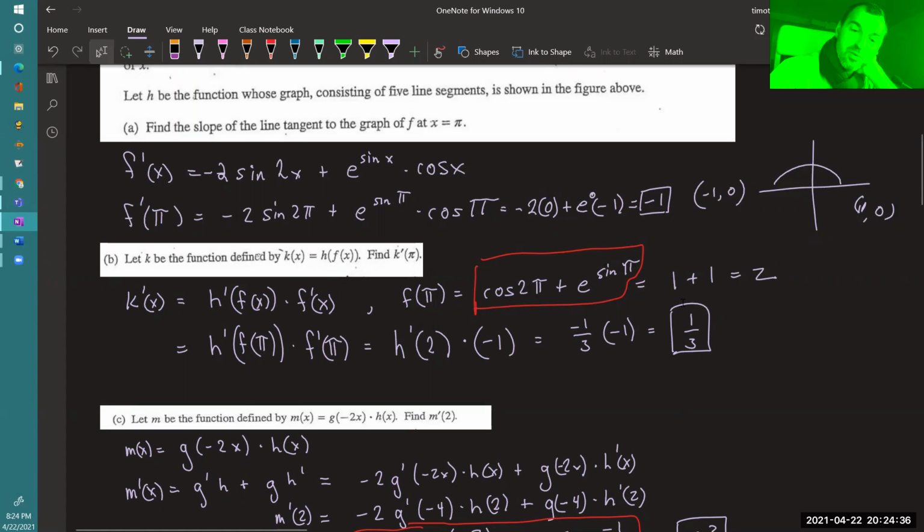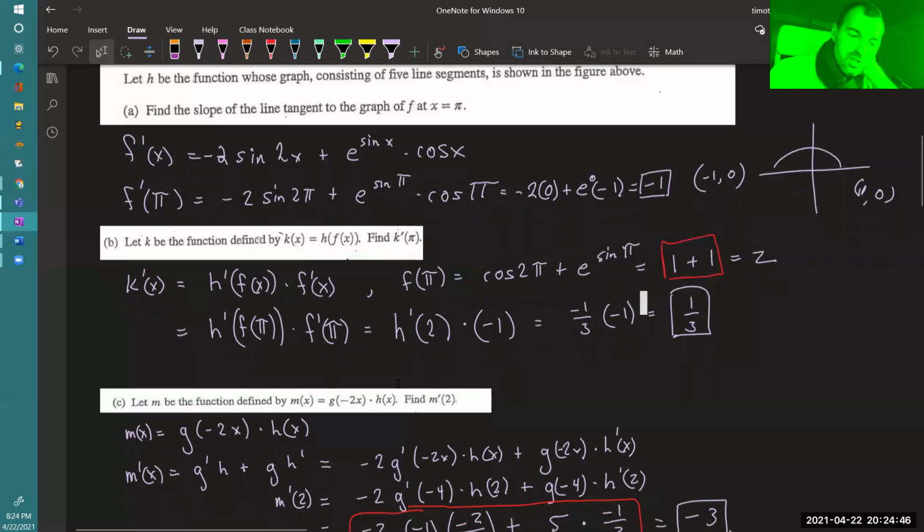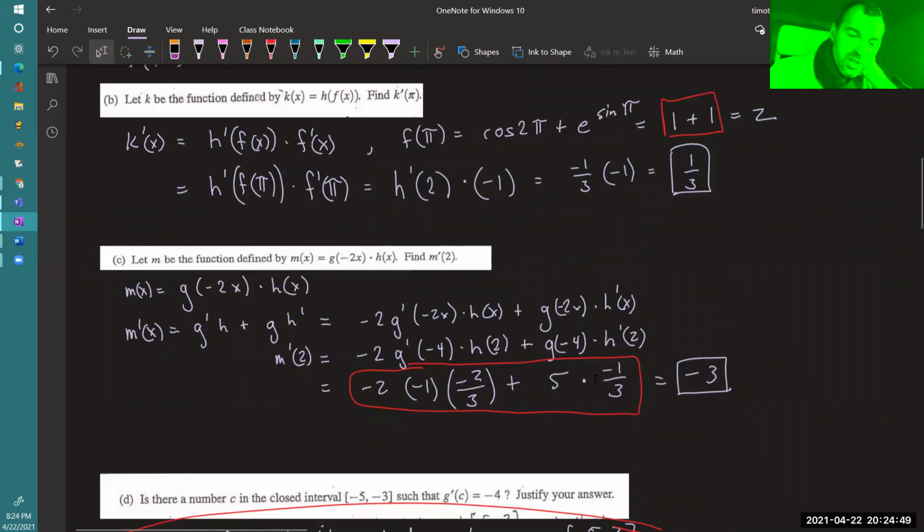So you would actually have to write down this, in which case, at least that. And 1 plus 1 is a correct answer. You don't actually have to write down 2. Just like over here, if I write all this down, I don't actually have to write down -3. All right. So I just wanted to mention that to you guys. It's something that weird. They don't make you simplify if your answer has already all of the numbers in it.